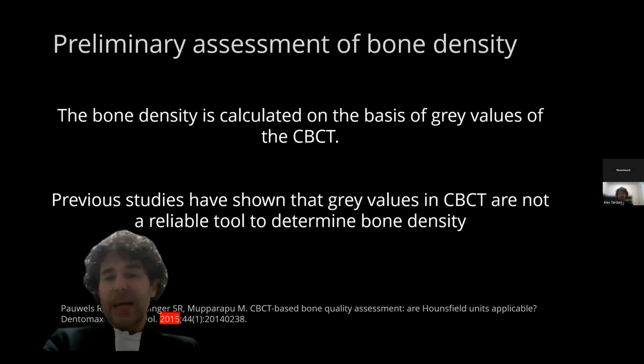But what do we need to know? That our CBCTs don't actually give a real value. When we talk about Hounsfield units, they strictly refer only to medical CTs. Every time we apply this to a CBCT, we are making an error.